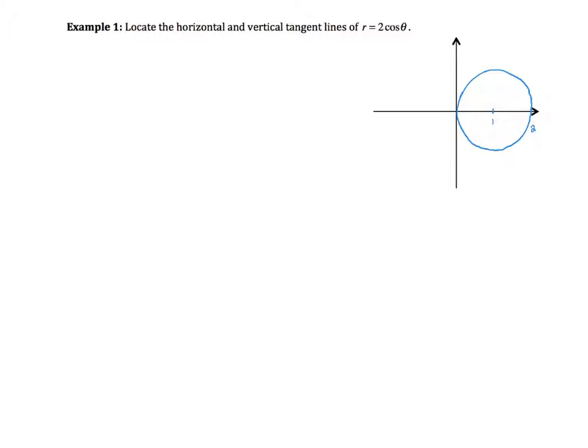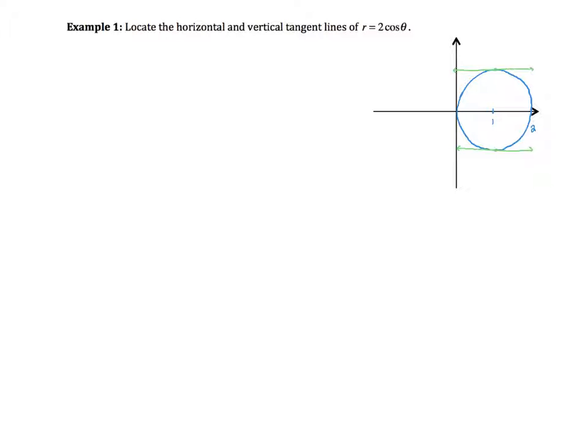So where do we expect that we would have horizontal tangent lines? Hopefully, you start to see right up here, and potentially at the bottom as well. And so really all we need to figure out is at what value of theta does that happen?